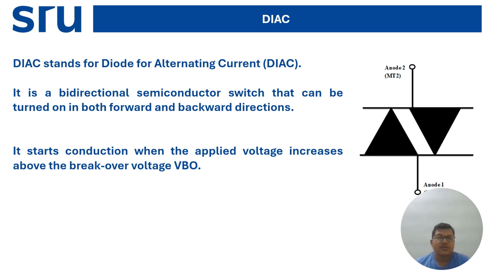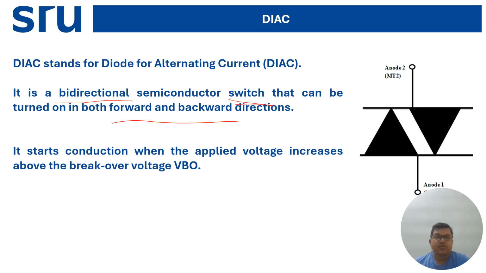It is a bidirectional semiconductor switch. A switch could be one directional, but here it is bidirectional, that can be turned on in both the forward and backward direction. This looks very similar to TRIAC, right?